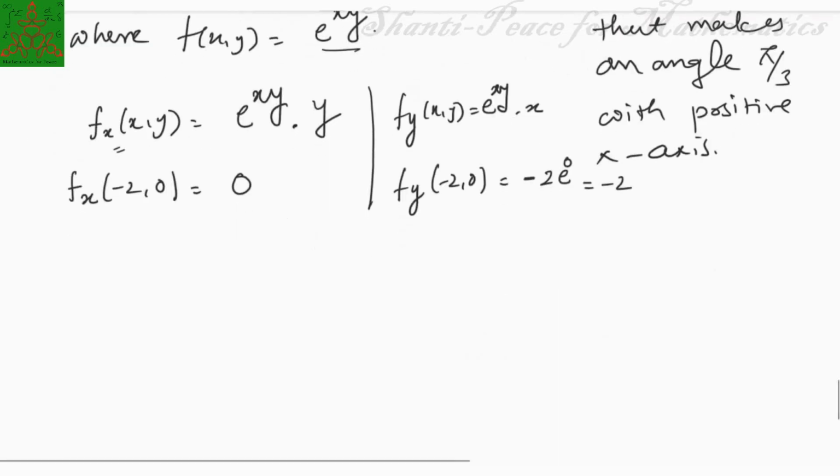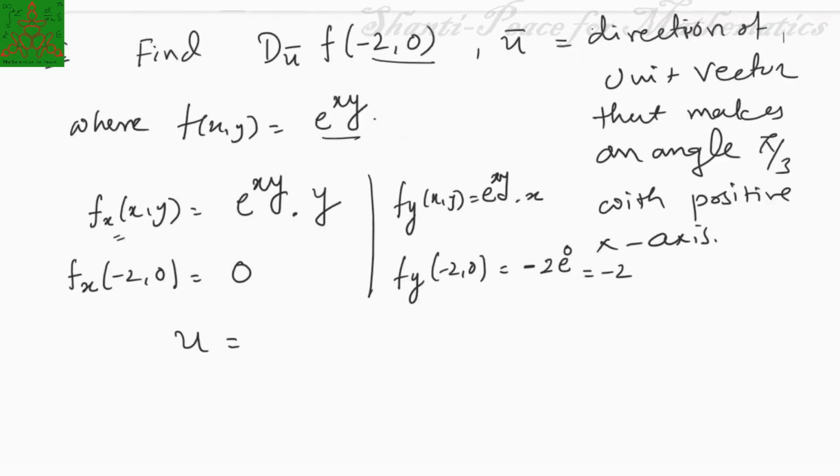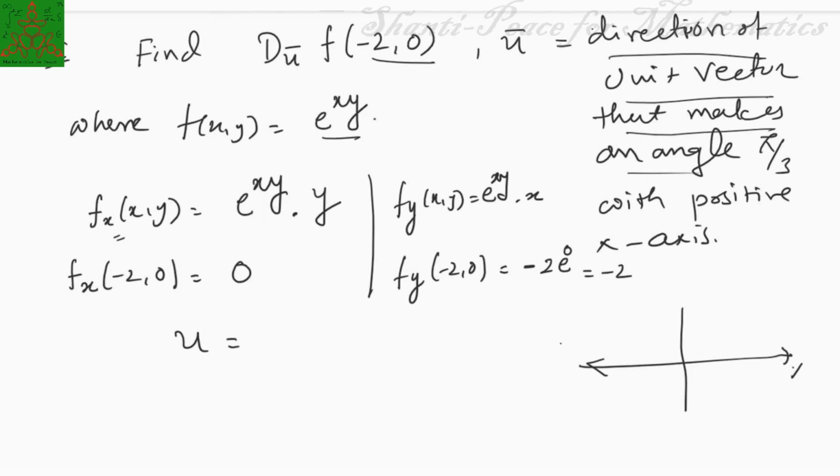Now what is u bar? It says u bar is the unit vector making the angle pi by 3 with the positive x-axis. So this is the x-axis and this is your vector u bar, with angle theta equal to pi by 3. I can rewrite this vector as cos pi by 3 i plus sin pi by 3 j.